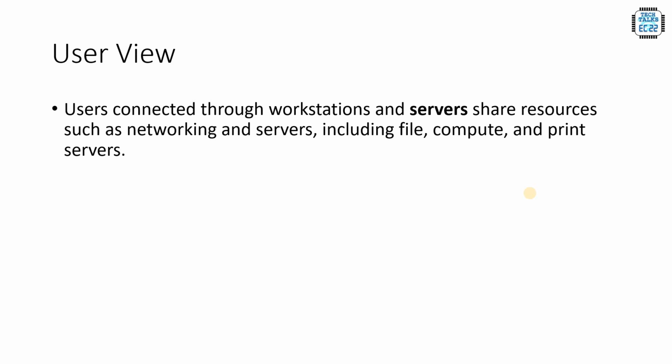Also, users connected through workstations and servers share resources such as networking and servers, including file, compute, and print servers. For example, if there is a computer laboratory in any educational organization, the computers are interconnected through the servers.